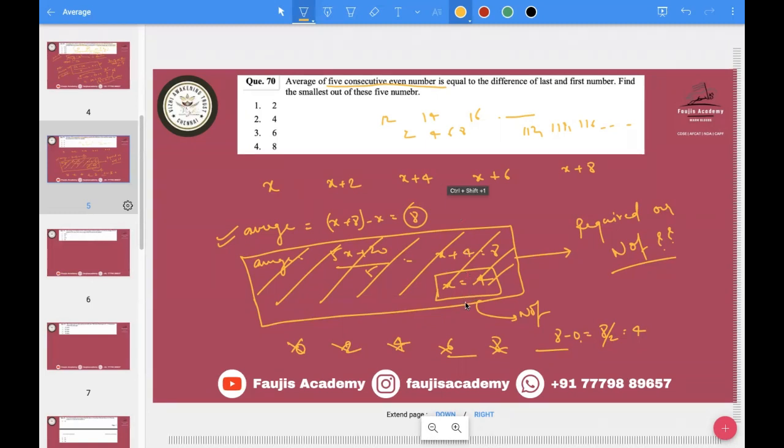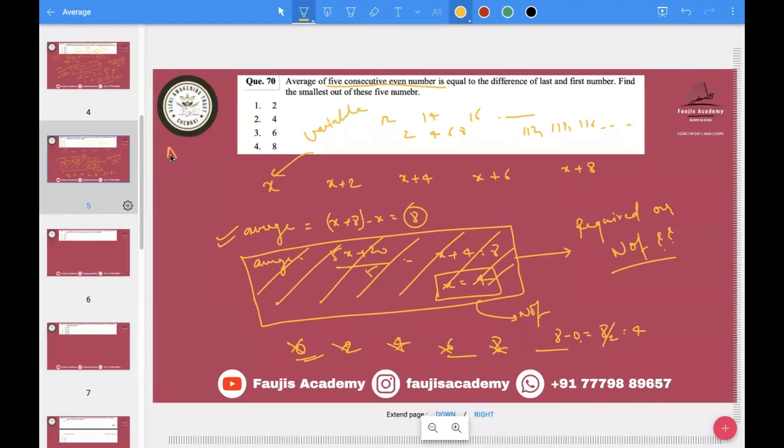But when they have set the average of 5 consecutive even numbers, how can you be so sure that it's starting with 0, right, Vishnu? We cannot be, and that is why we have introduced something called x. And x is what? A variable, right?